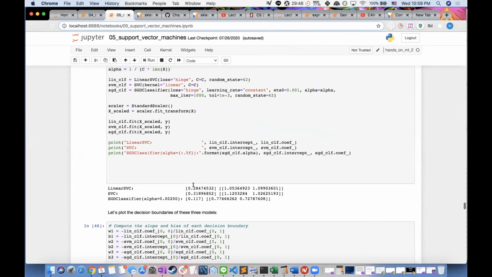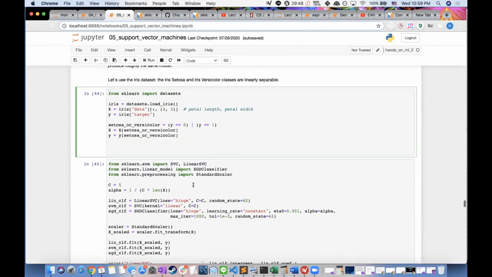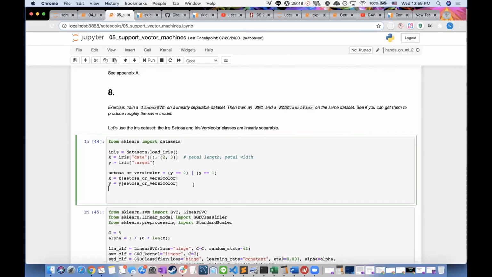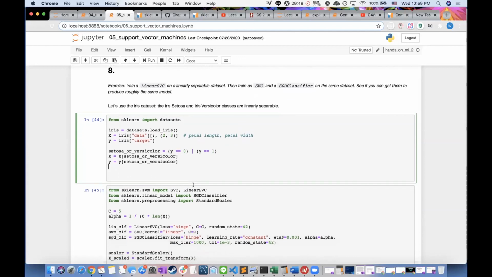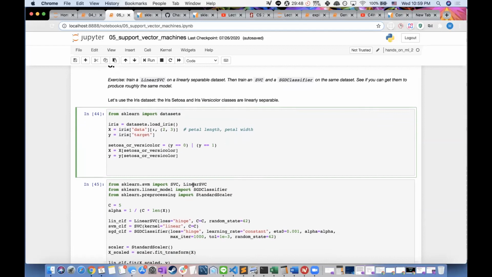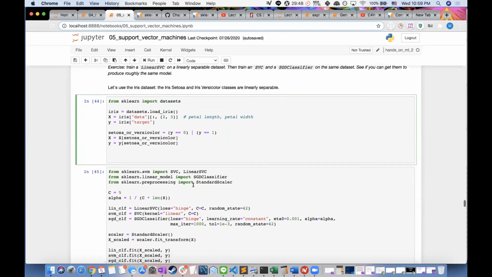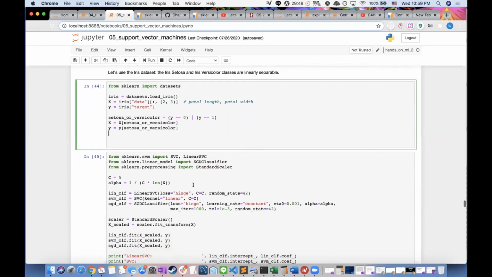But hang on, there was something I thought was interesting where he does this. After spending a lot of time in the book telling us to use primal, or dual is false, when m is greater than n, I was surprised that he used the default, where I think dual is true, if I'm not mistaken. So I tried using dual is false with the linear SVC, the linear CLF.